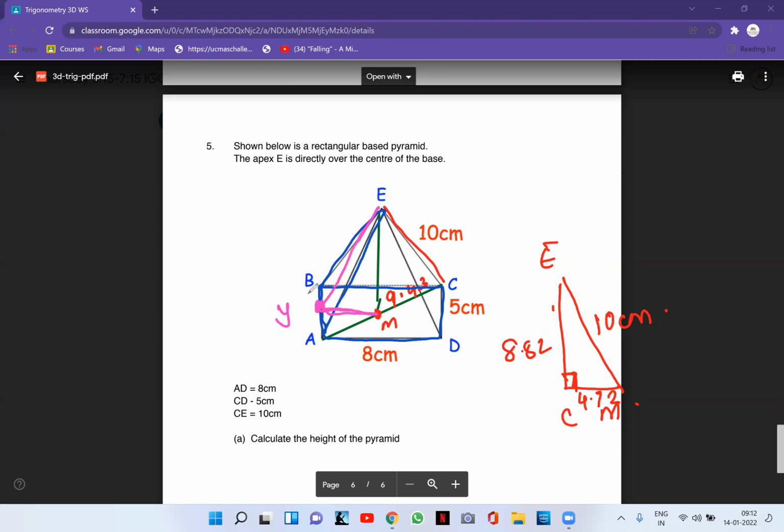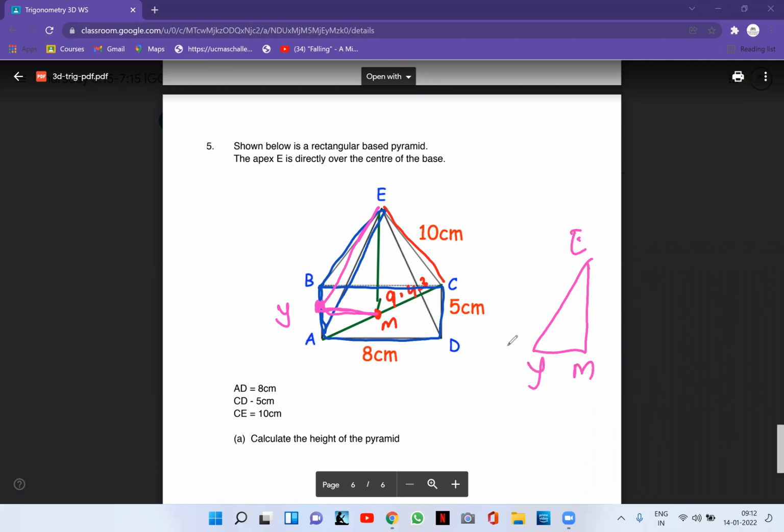So we have got another triangle over here, which is EMY, which is again a right angle triangle. We can very well see that it is a right angle triangle, correct? Here we have already got EM, our previous part, which was the height, 8.82.